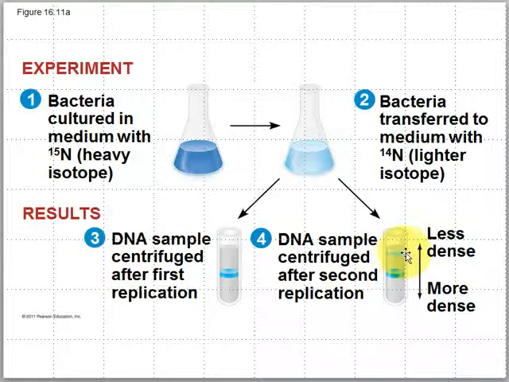They got a light band, a less dense band with the lighter nitrogen, and a more dense band with the heavier nitrogen. These two experimental samples gave us the information we needed to pinpoint the particular model. So let's take a look.